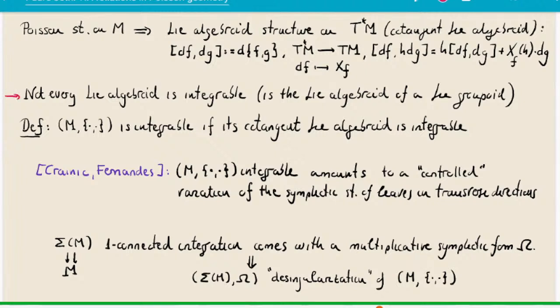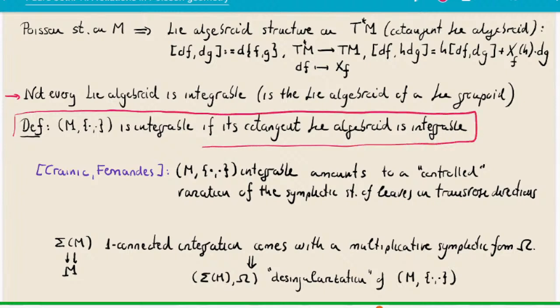As I told you, not every Lie algebroid is integrable. It's not the Lie algebroid of a Lie groupoid, but we know full well which Lie algebroids are integrable. That's work by Crainic and Fernandes around the year 2000. So we can give the following definition: a Poisson manifold is integrable if its cotangent Lie algebroid happens to be integrated by a Lie groupoid. Now, what are we doing when we single out the class of integrable Poisson manifolds?